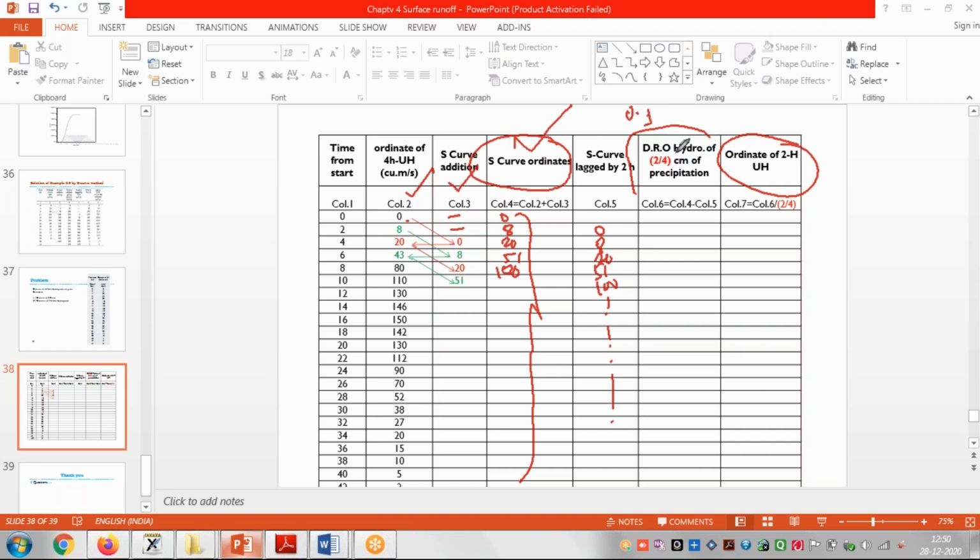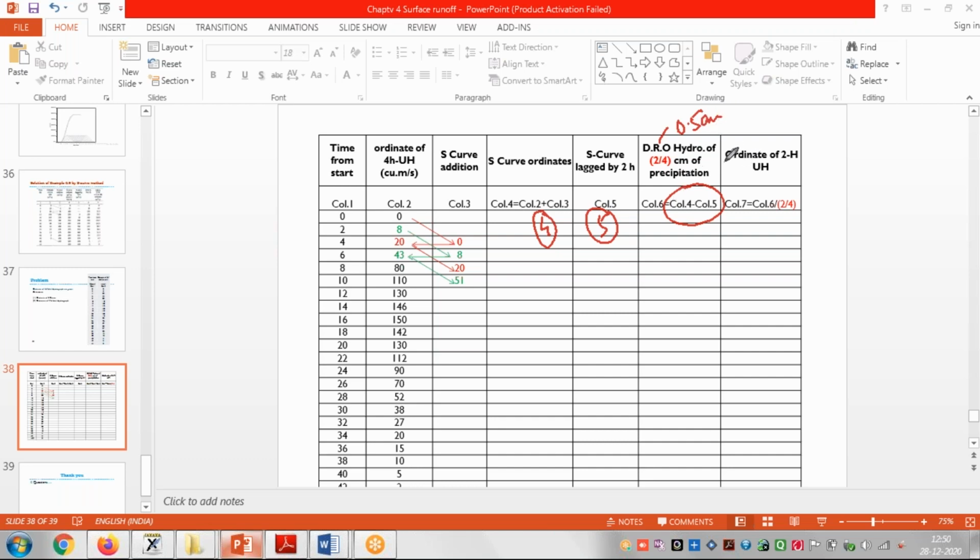So the direct runoff ordinate is of the hydrograph of 0.5 centimeter of precipitation. So S curve minus this S curve lagged by 2. See here. When we take the difference of this column 4 and column 5, means column 4 minus column 5, we will get the direct runoff ordinate of 0.5 centimeter rainfall.